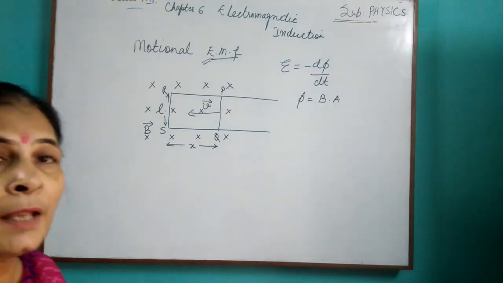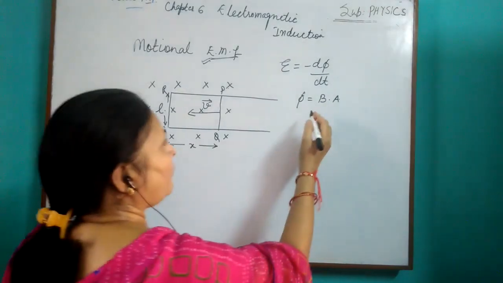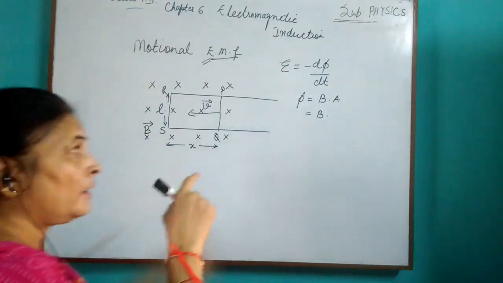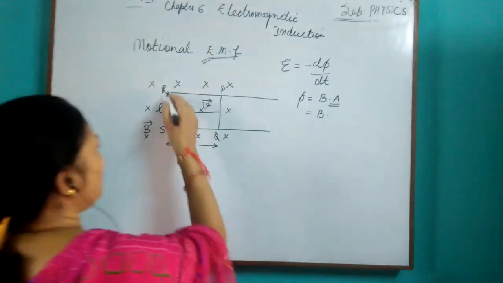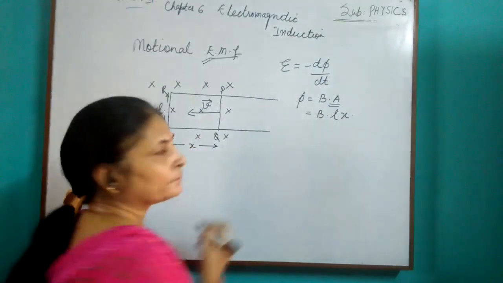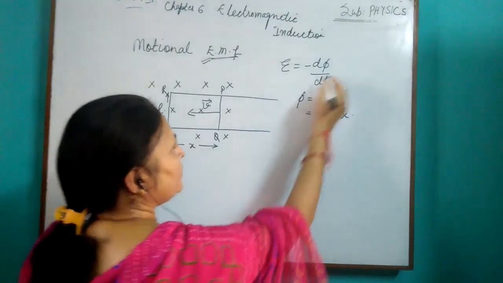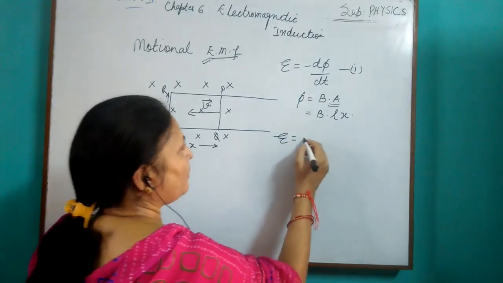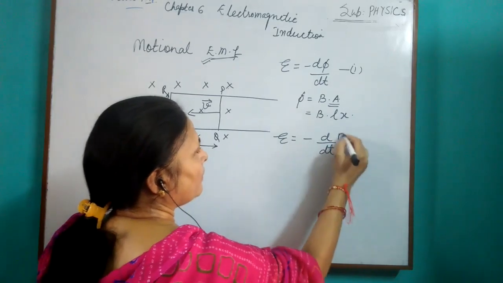Here the magnetic field and area vector are 90 degrees to each other, so what shall BA equal at a given instant, which we are showing by this diagram? The area of the coil will be equal to L into X. So BLX. Now again we go to equation number 1. So induced EMF will be equal to minus d by dt of BLX.